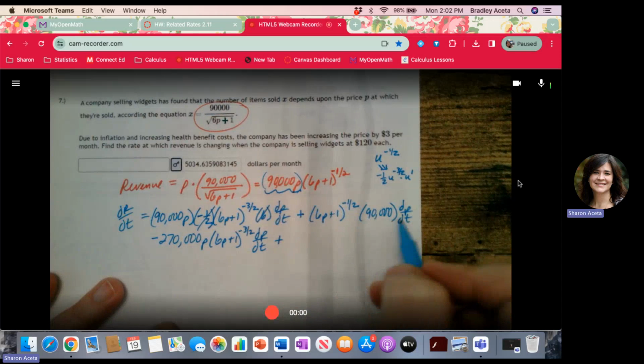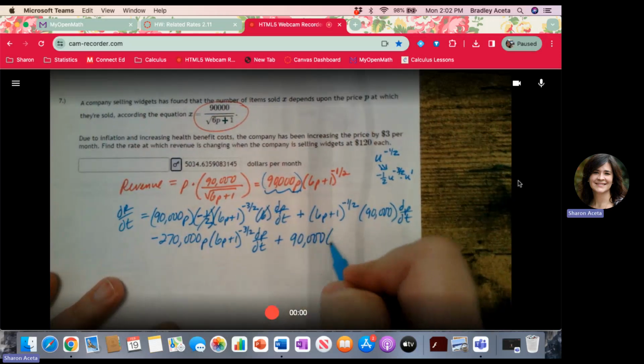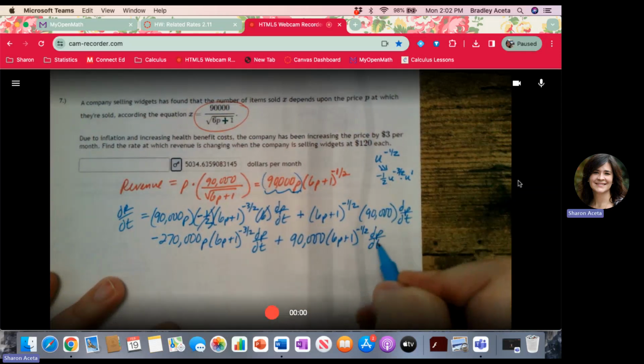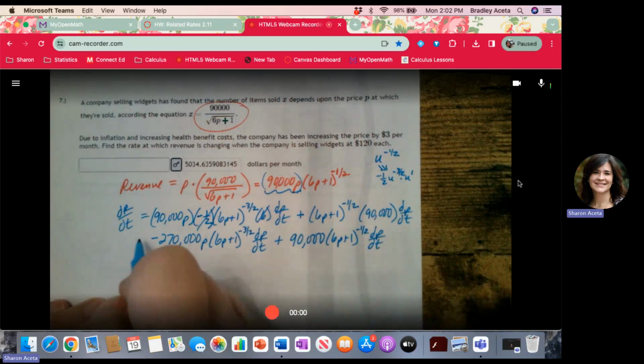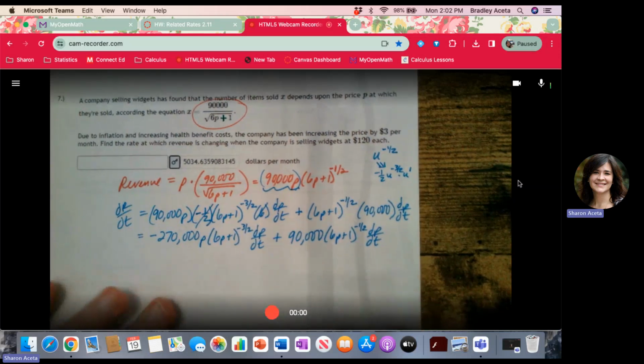And then I'm just going to put the 90,000 in front here, times 6P plus 1 to the negative 1/2 dp dt. Honestly, you could do some factoring here, but I'm just going to plug in the information from above and let my calculator do all the work, to be honest with you.